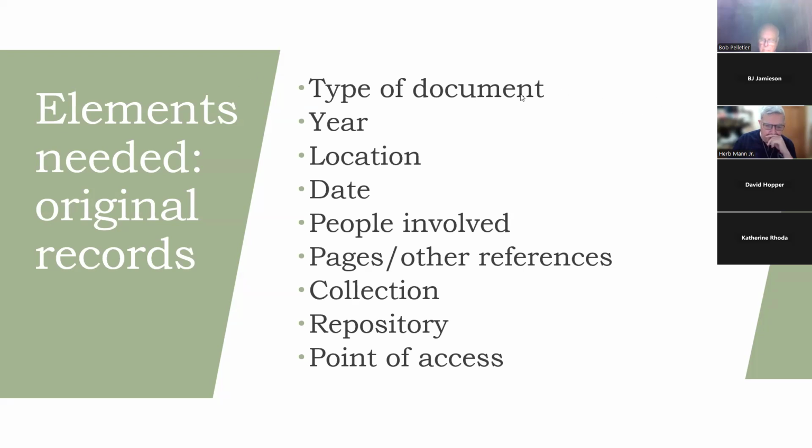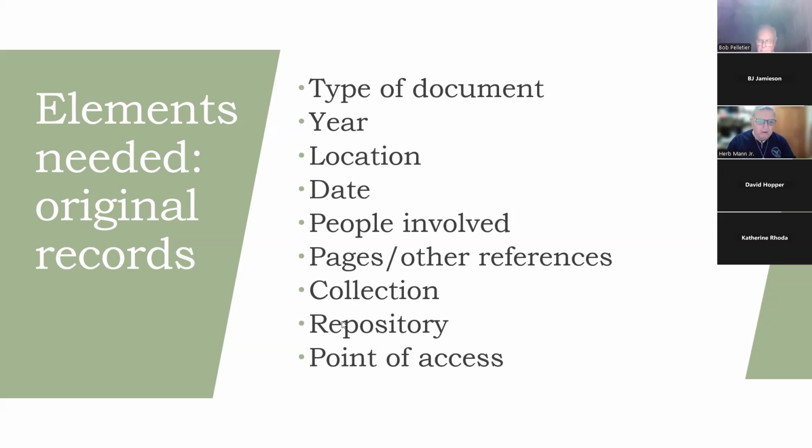But what I do is I put the type of document, the year, the location, and then the date within the year, the people involved, any reference numbers, pages, file number. If there's a collection, either at a library, the family so-and-so, the Leroy family papers.